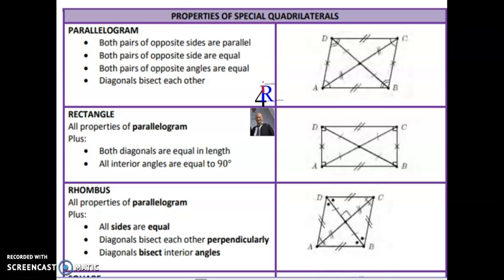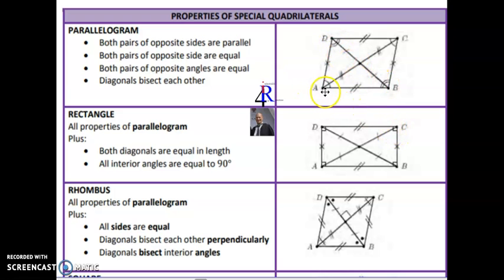So, first things first, when we work with the parallelogram, we need to understand that both pairs of opposite sides are parallel to each other. Both pairs of opposite sides are also equal to each other. And both pairs of opposite angles are equal to each other.